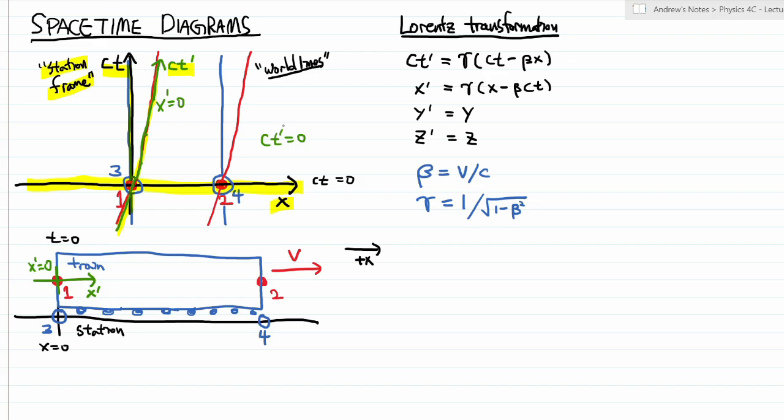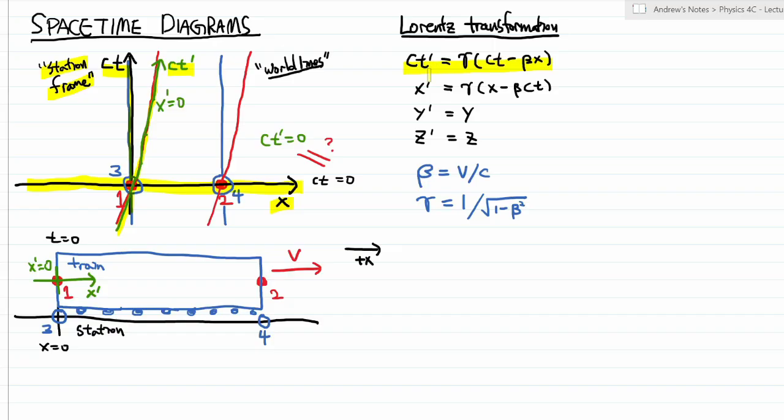Now, before you go thinking, aren't these two the same? Let me caution you that you should take a look at the Lorentz transformation. At x equals 0, sure, if t is equal to 0, t prime will be equal to 0. But at any other value of x, t being 0 doesn't mean that t prime is equal to 0.